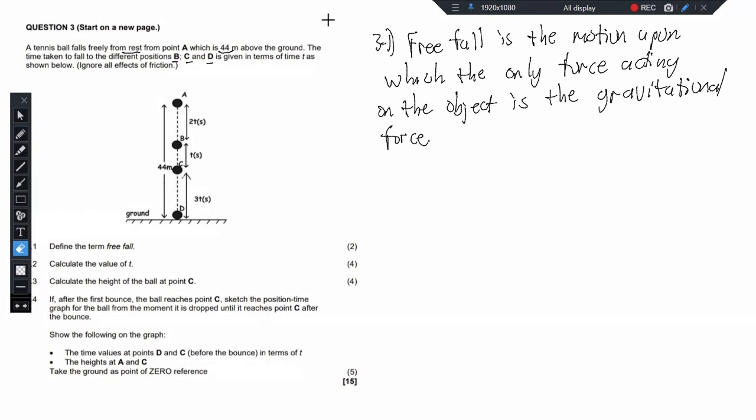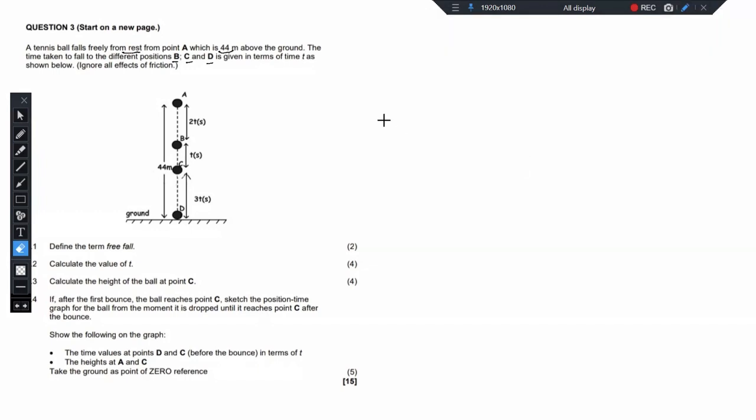Now 3.2 says calculate the value of t. So to calculate the value of t, let's collect our data. So since this ball is being dropped downward, I will take down as positive. And then we know if I take down as positive, my acceleration becomes positive 9.8 meter per second square.